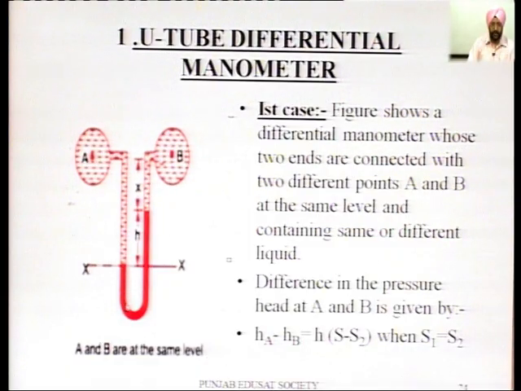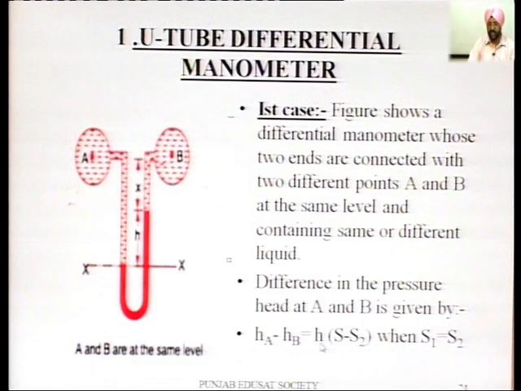The specific gravity of this manometric liquid is S. This S1 is the specific gravity of this liquid at A. S2 is the specific gravity of liquid at B. But since in this case both these liquids are same, that's why we have S1 is equal to S2. So writing down the formula, in this particular case, the difference of the pressure at A and B is given by H times (S minus S2).